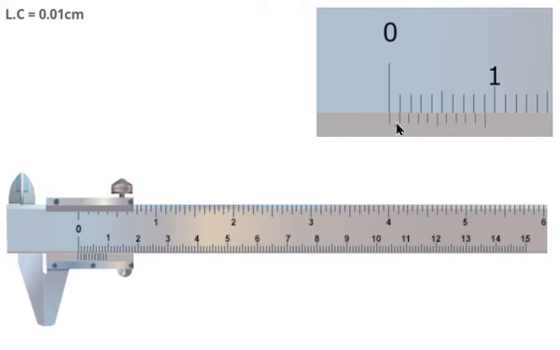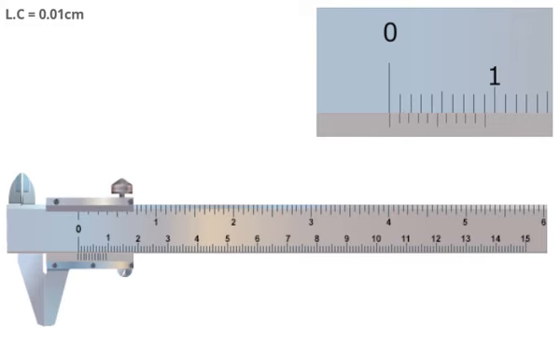Similarly, the number of divisions on the vernier scale is 10: 0, 1, 2, 3, 4, 5, 6, 7, 8, 9, 10. So there are 10 divisions on the vernier scale and the value of each main scale division is 0.1 centimeters.